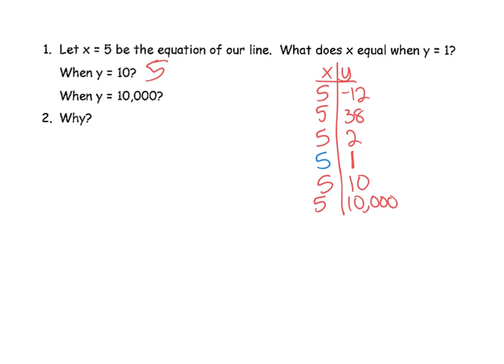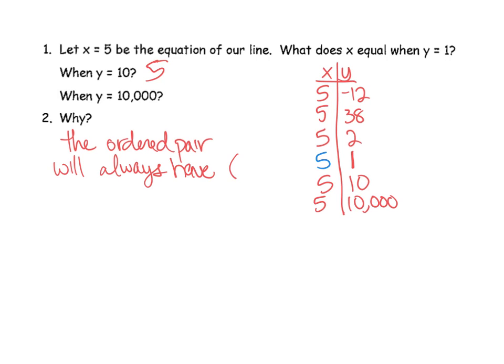Anything. But if the equation is that x equals 5, then all of your ordered pairs will have 5 in the x positions. So the y in the ordered pair will always have 5, comma, and then anything.